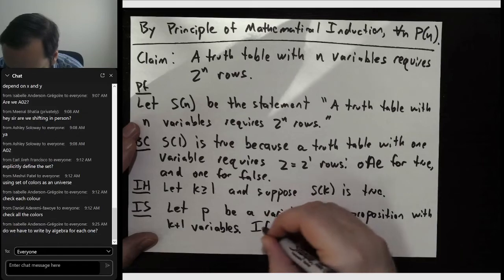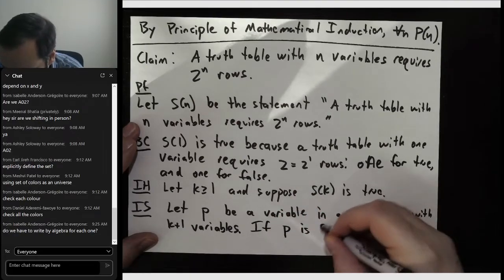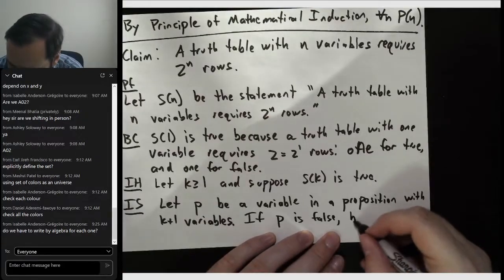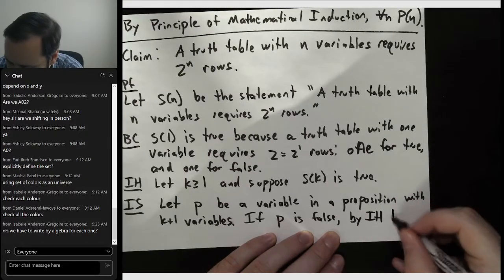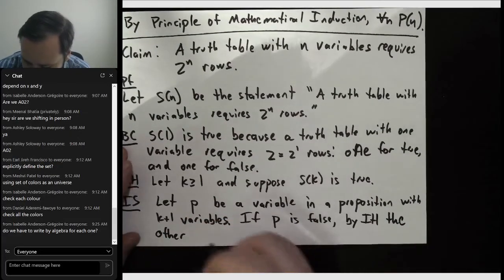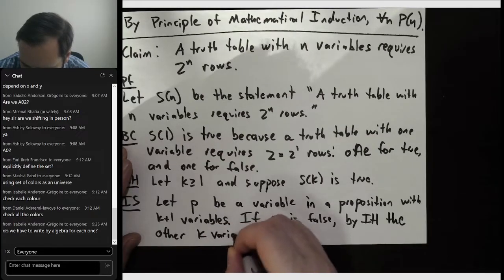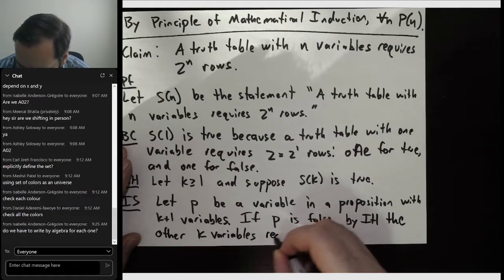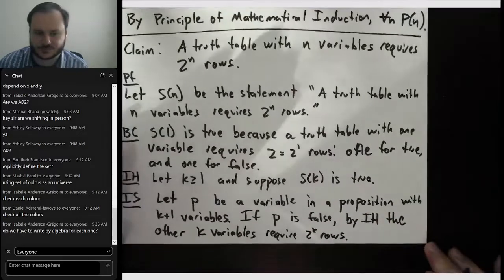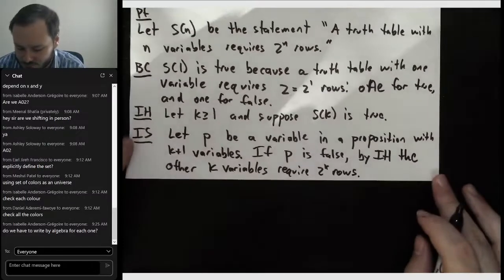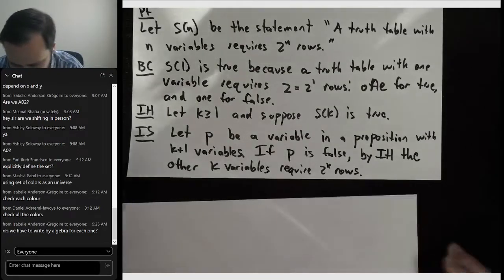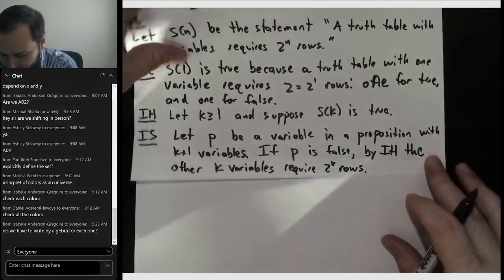So if p is false, by the induction hypothesis, the other k variables require 2 to the k rows. Right?